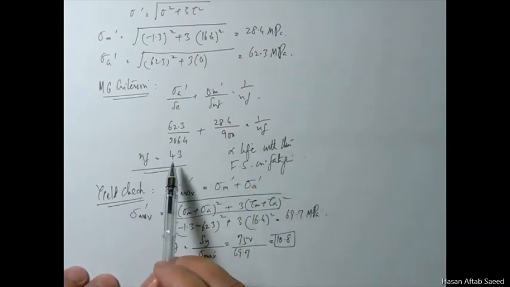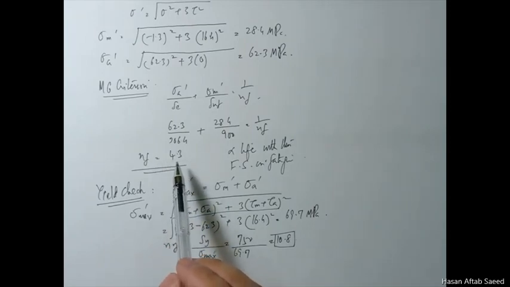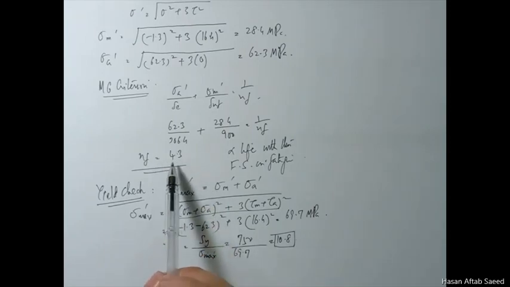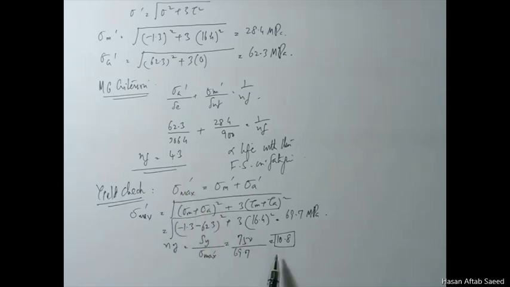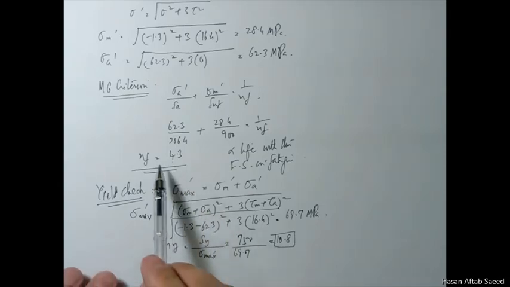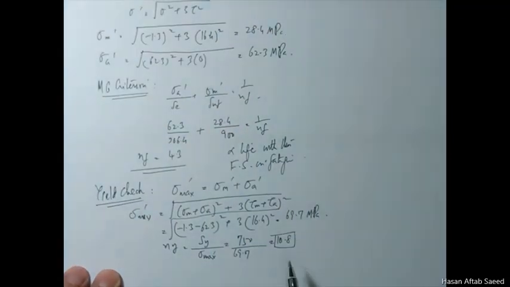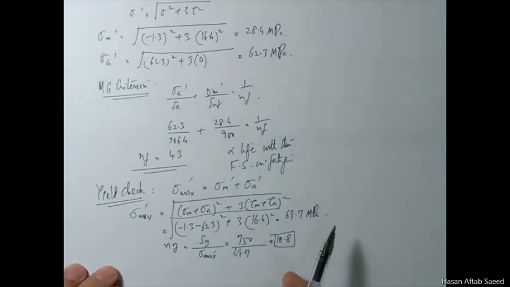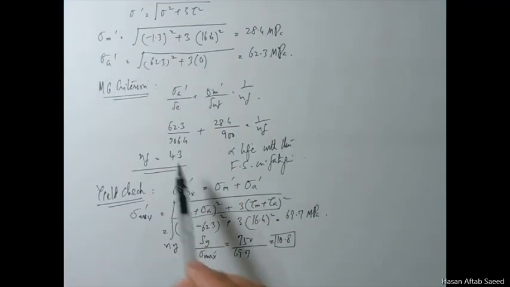This too may be a little large, but even if you keep it to a reasonable level, 2.5, something like that, this will still be very big. So if you see it in isolation, if you don't know this picture, you'll feel that this is a case of over design. But when you take care of fatigue, the yielding factor of safety becomes very large.